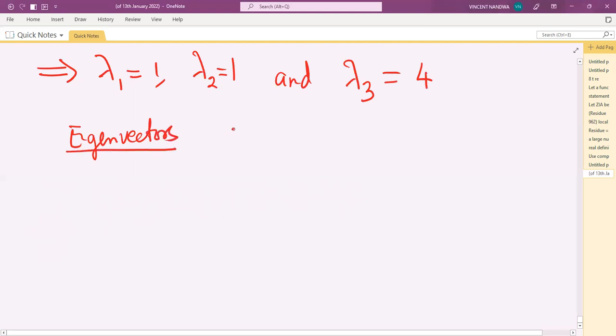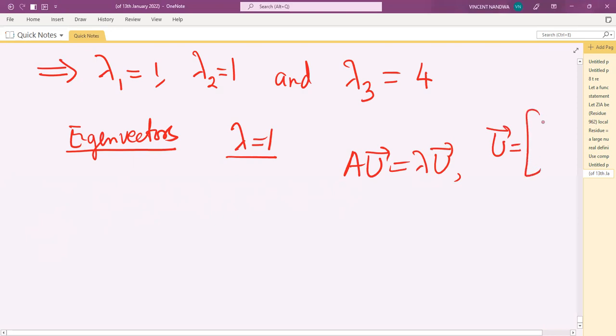Let's start with lambda equals 1. So we have AU equals lambda U, where U is a vector of the form U1, U2, U3.